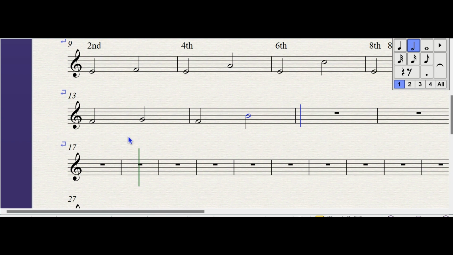That's a fourth. Sorry, that's a line to space. That's a sixth, and F to the high F. That's an eighth or an octave.